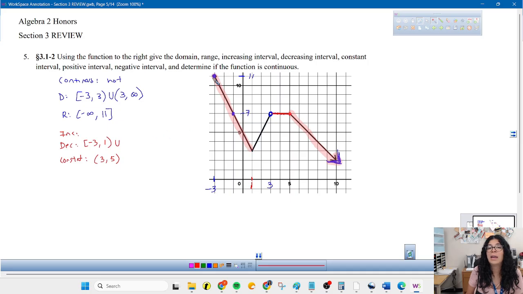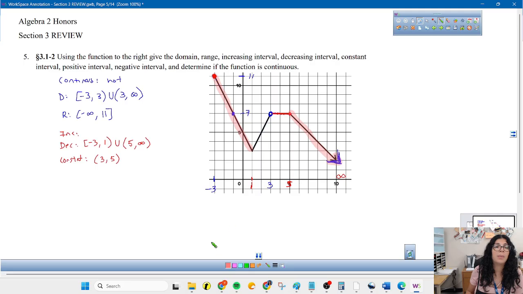And notice that here I am including -3. Why? Because -3 is an endpoint. So it's not changing from one thing to another thing. It's not connected to another part. So we can go ahead and include it there. And then the other piece starts at x value 5 and ends at arrow on the right, positive infinity. So we would say from 5 to infinity, it is also decreasing.